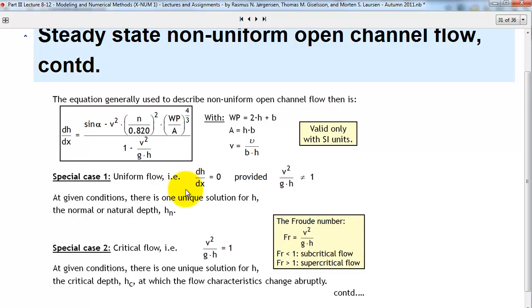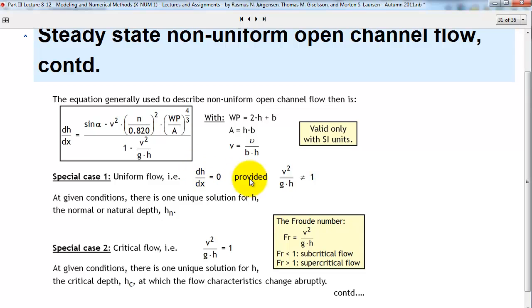when you have a uniform flow, that means that the height is not changing, or the depth of the water. And you also need to be sure that, or you can say the speed is settled, because this one is not changing.